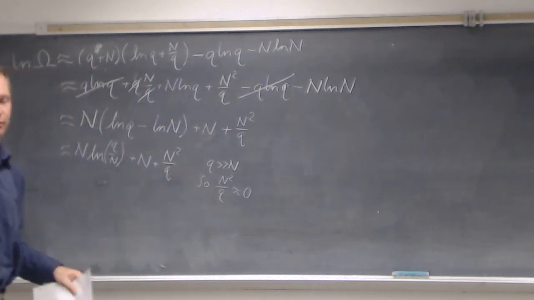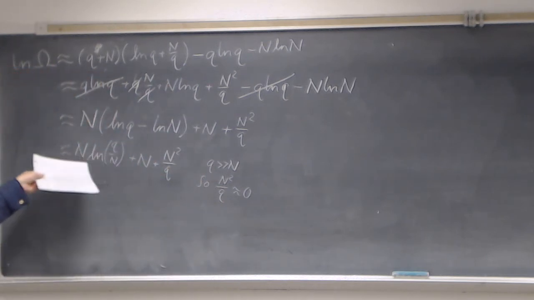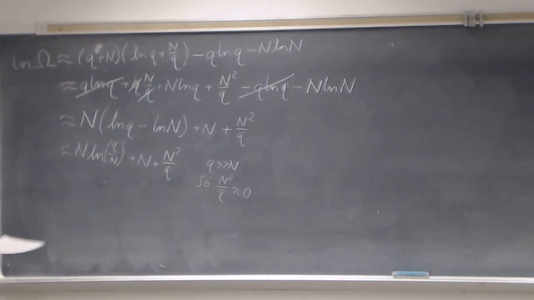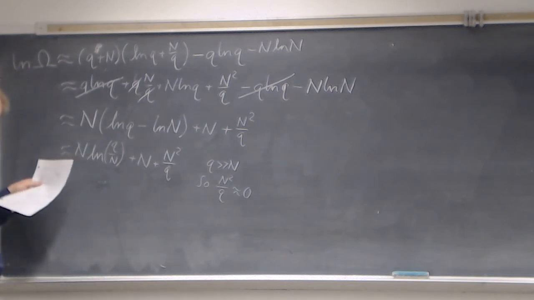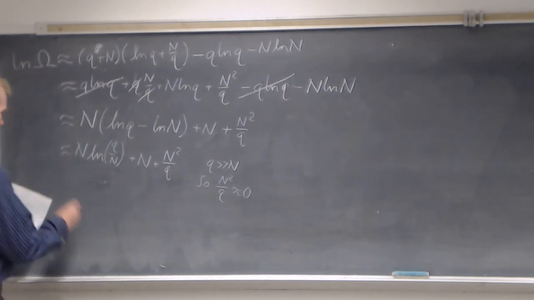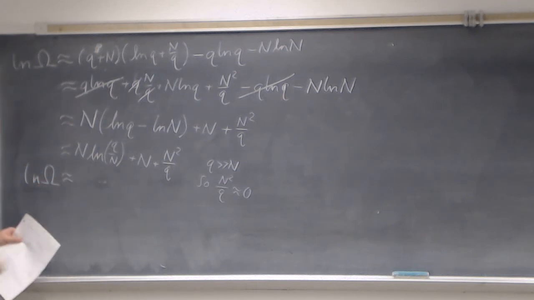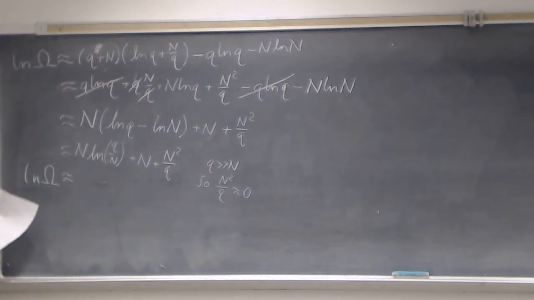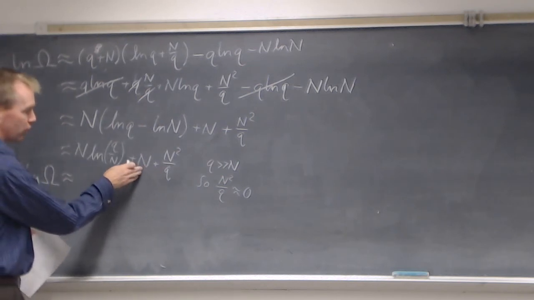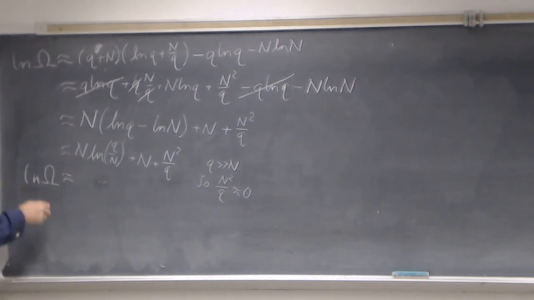So that's about equal to 0, at least compared to these large numbers here. Okay, so I can drop that last term because it's insignificant compared with N or N log Q over N.